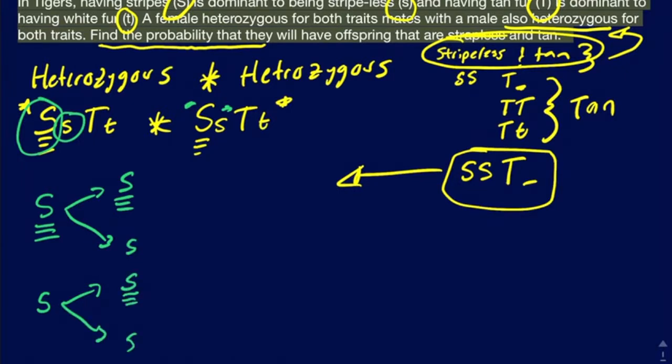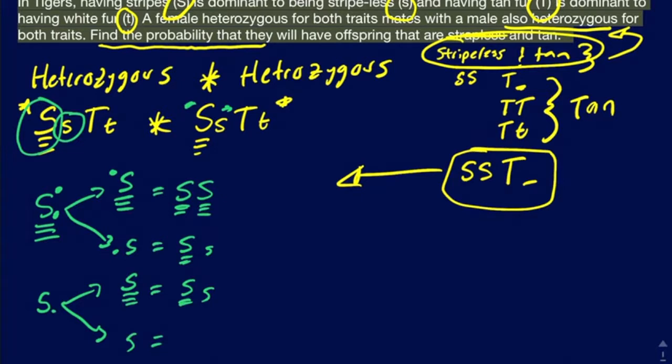And then to find the probability of the genotype of the offspring, you just multiply across. So you multiply this big S from mom times this big S from dad, and if that was the case, the child would have two big S alleles. If it was this big S and this small s, that would be big S, small s, and then you keep doing that all the way down.